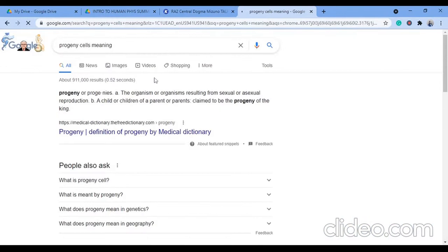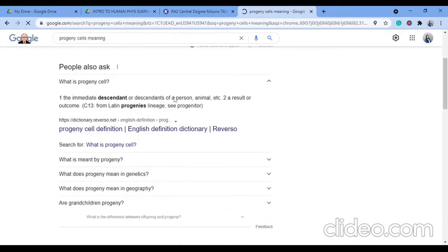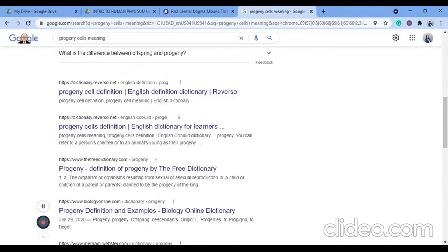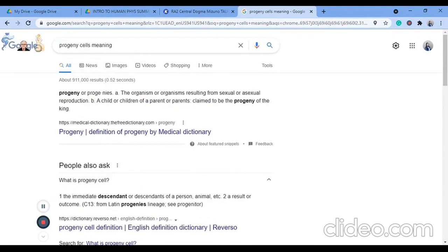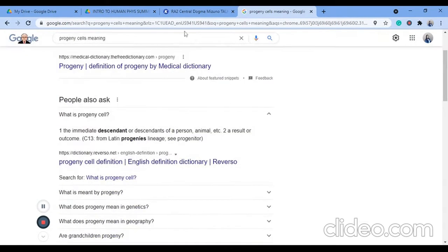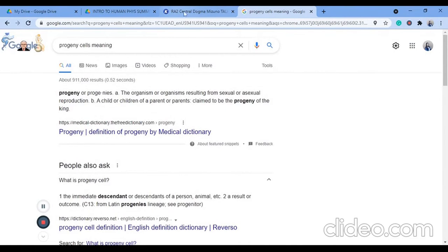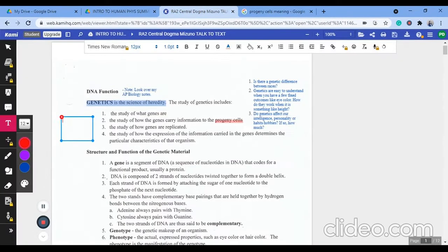A progeny is the immediate descendant or descendants of a person, animal, etc. Basically, the organism or organisms resulting from sexual or asexual reproduction.